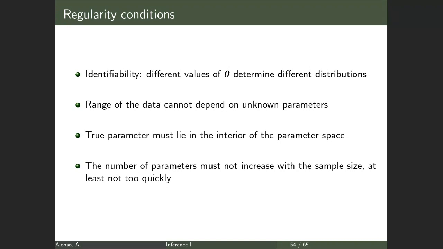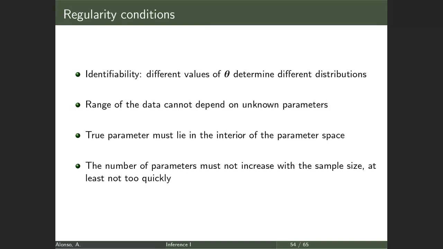That means that different values of theta produce different distributions. If you have 2 different values of theta producing the same distribution, then you get into trouble because the model is not identifiable. You would not be able to differentiate the model using theta 1 from the model using theta 2. The data would not be able to differentiate between these 2 thetas because they lead to the same probabilistic model.